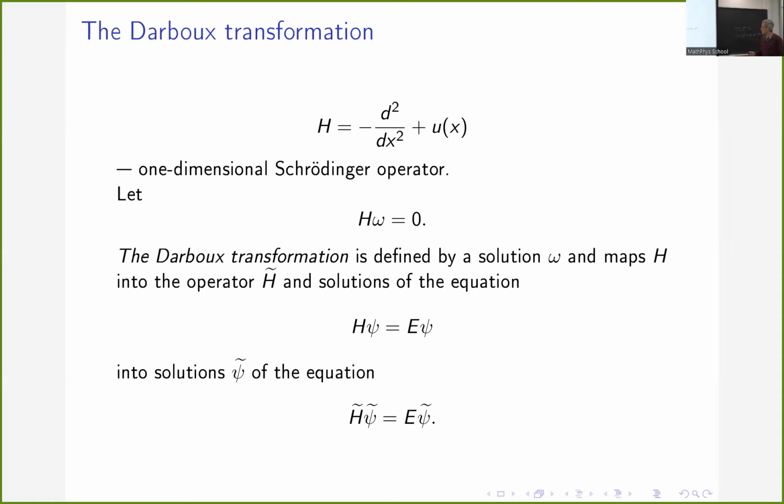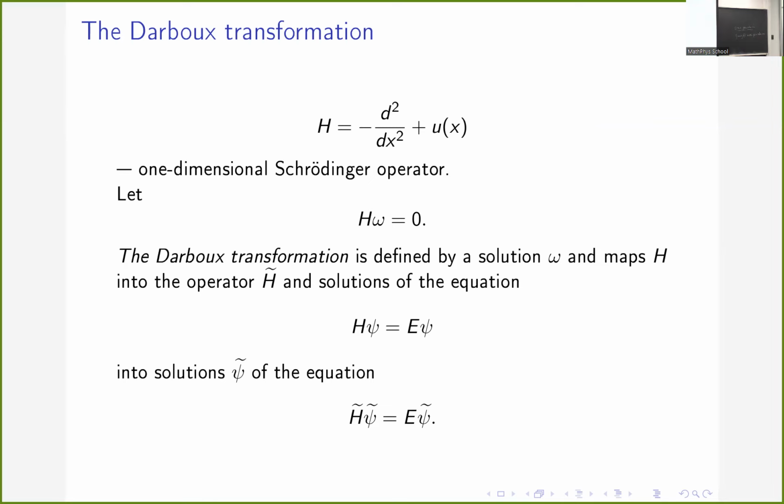We have a solution omega of the zero energy level, so that H omega equals 0. Here we can put E omega and move the constant E to the left-hand side, because this is an analytical thing. It doesn't relate to any functional spaces. We do not specify that u has to be fast decaying and so on. This is just roughly speaking.